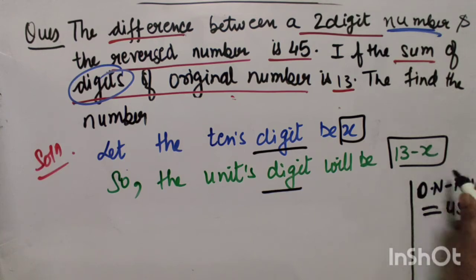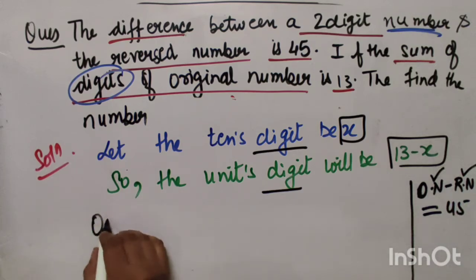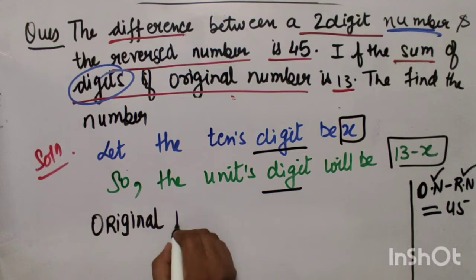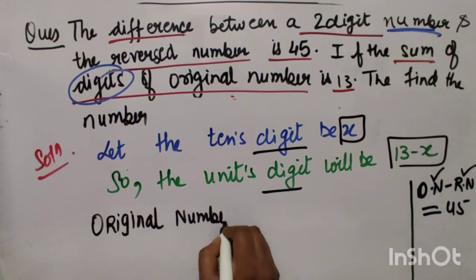So to form this equation, I need original number and I need reverse number. So let's form the original number first. How will we form the original number?